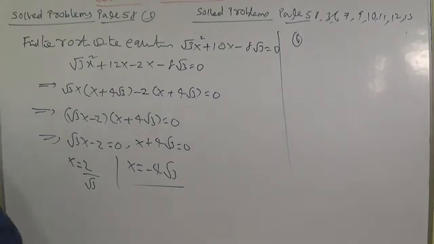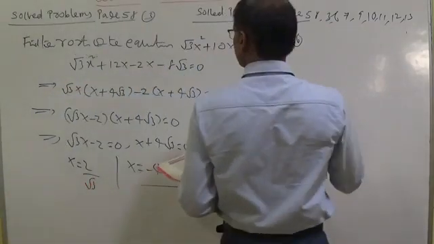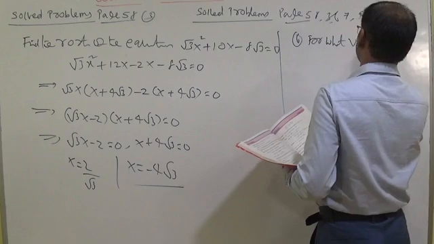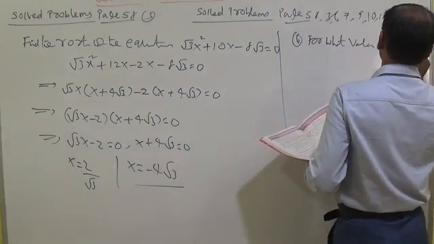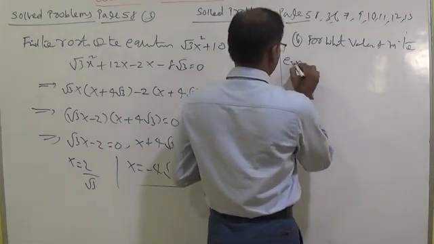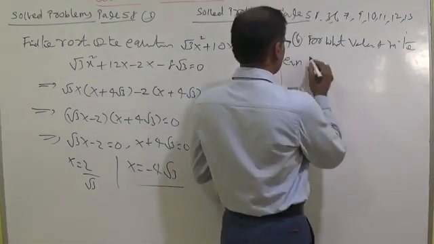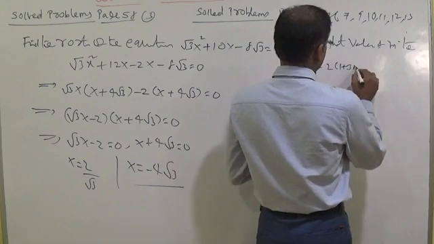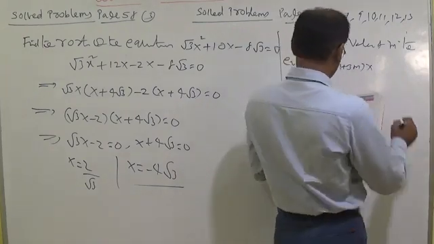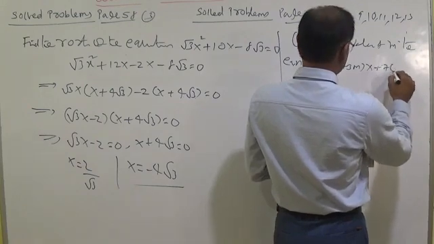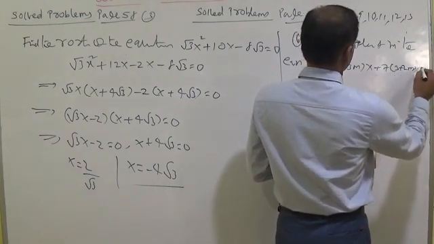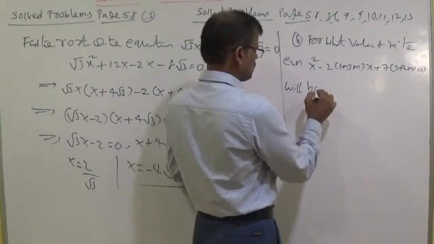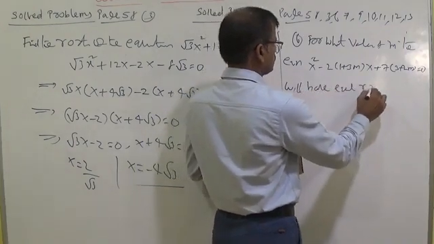For what values of m will the equation x square minus 2 into (1 plus 3m) into x plus 7 into (3 plus 2m) equal to 0 have equal roots?